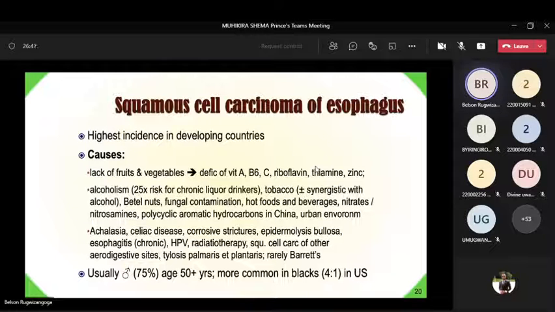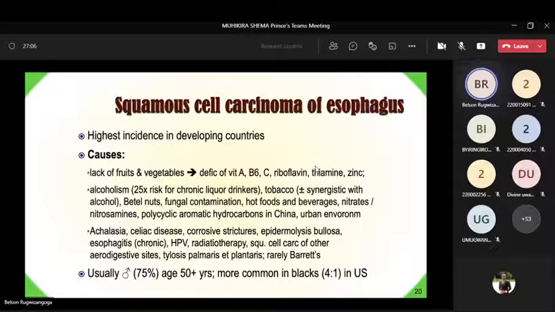Then fungal contamination of foods, and hot foods and beverages. Maybe this is the reason why people from China and especially India have a high risk to develop this carcinoma, because they drink very hot tea and so on. Maybe also the Muslim countries.